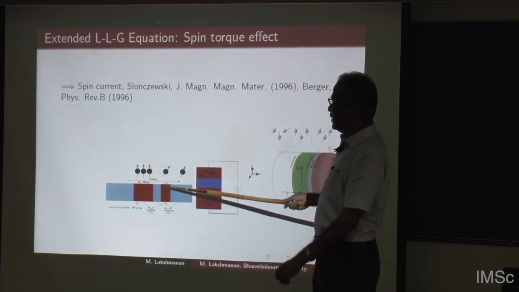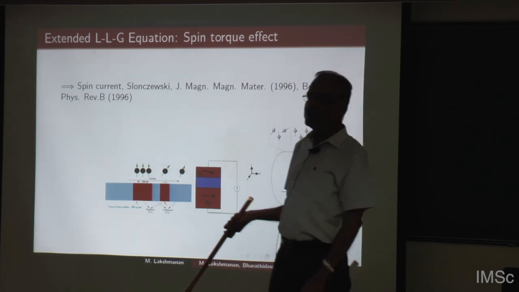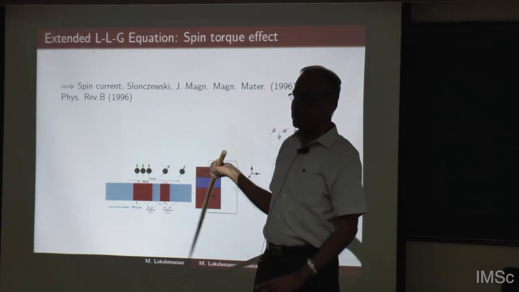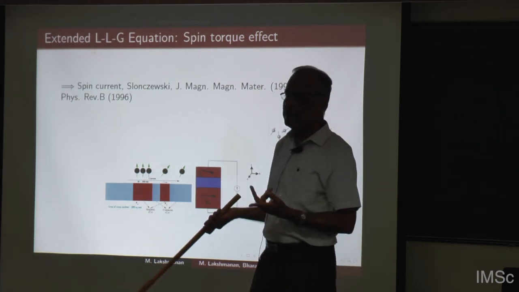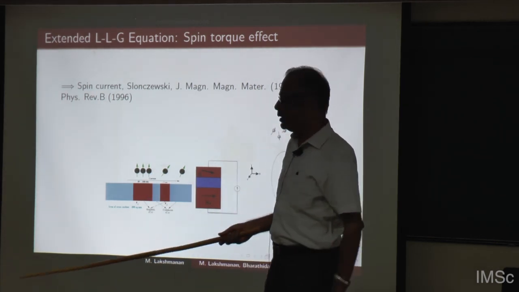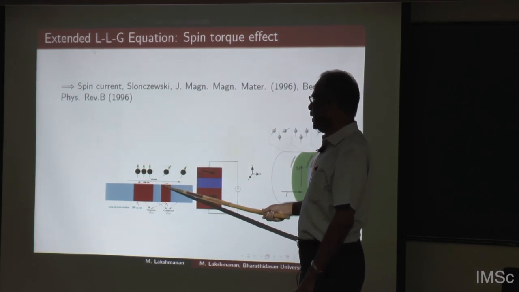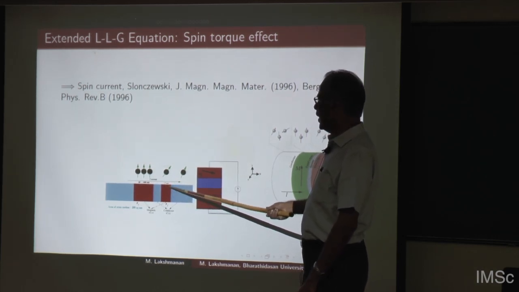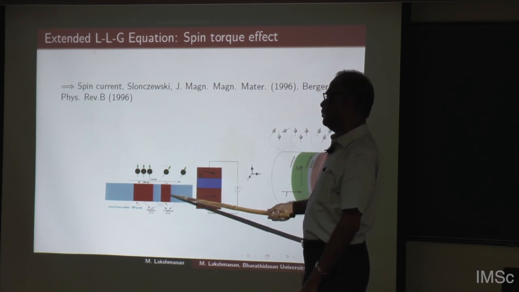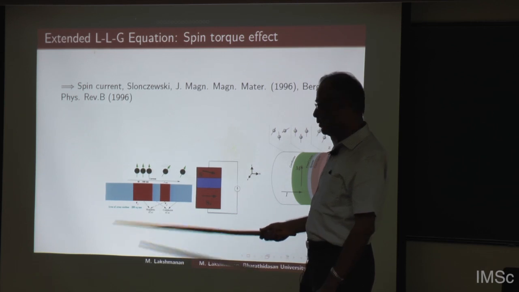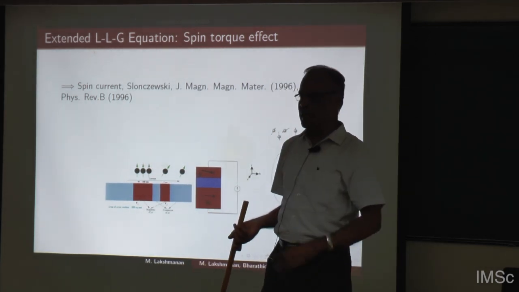Since the size of the spacer is small compared to the spin diffusion length, you expect the spin directions do not change much, and they pass the spacer and then interact with the spins of this outer film, which are free, and this interaction essentially leads to a torque.